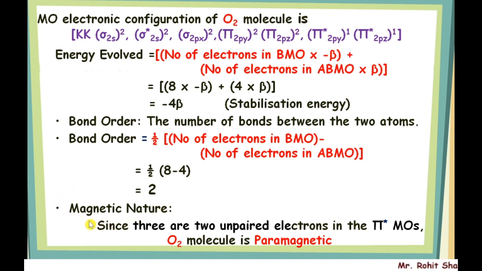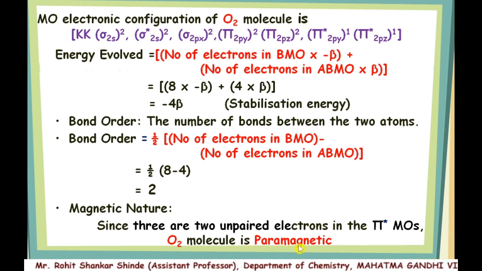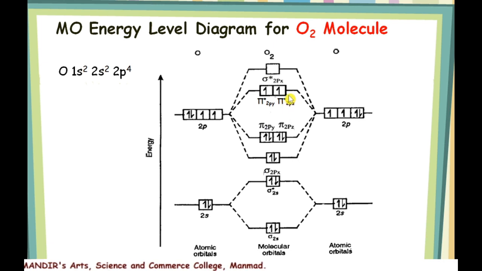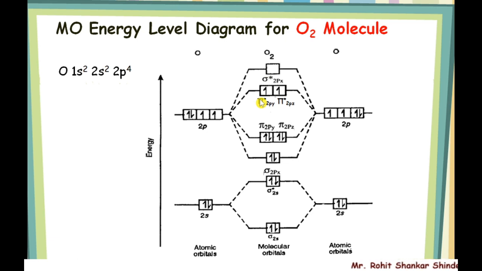Magnetic nature. Since there are two unpaired electrons in the pi star molecular orbital, O2 molecule is paramagnetic. Let us see the diagram. There are two unpaired electrons, one in pi star 2py and one in pi star 2pz. If a molecule possesses an unpaired electron, then the molecule becomes paramagnetic, and due to these two unpaired electrons, O2 molecule is paramagnetic.